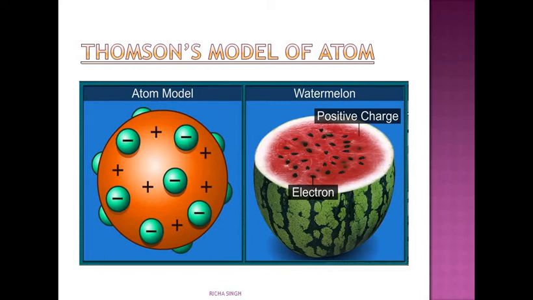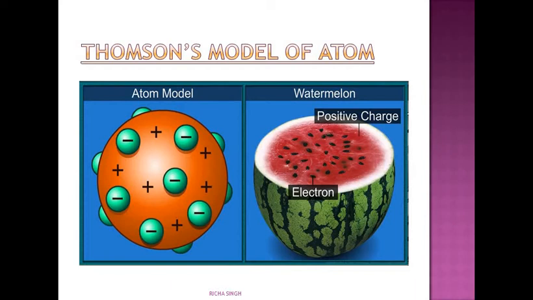He said that the positive charge is spread all over the sphere like the red part. The red part which is there in the watermelon, he compared to be the positive part, that is proton. While the electrons are the black seeds which are present in the watermelon.